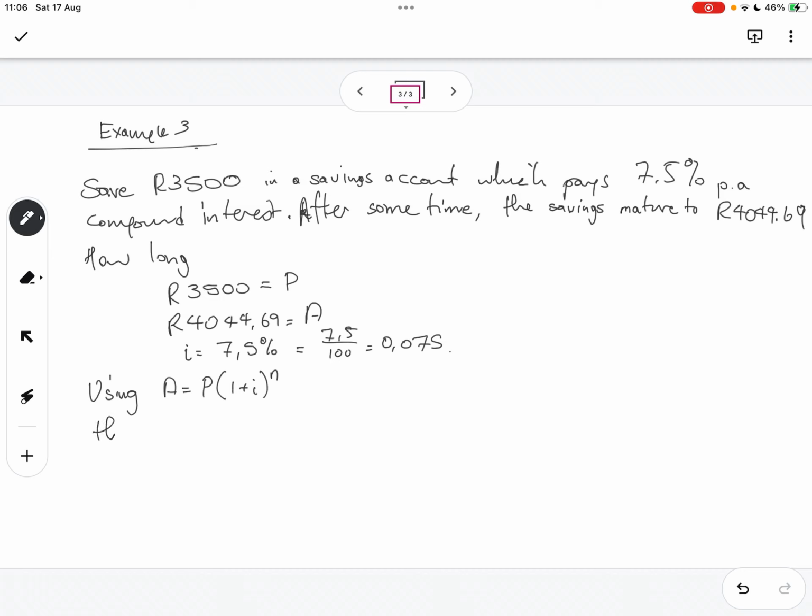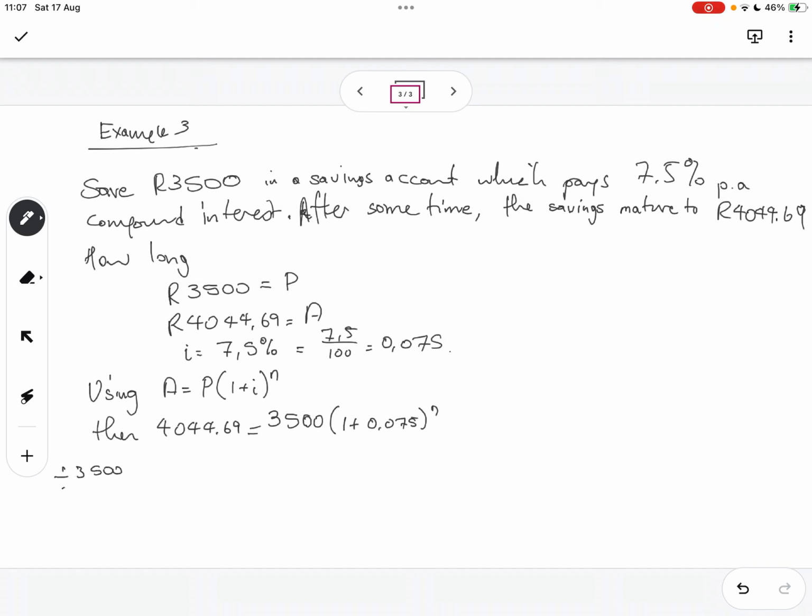Okay? So if we use A equals P into (1 plus i) to the power n, then 4044.69 equals 3500 into (1 plus 0.075) to the power n.